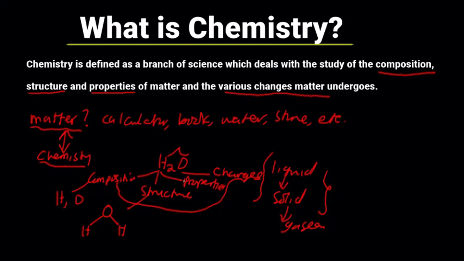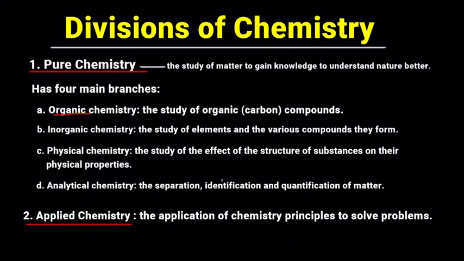So all these are changes that water undergoes. And so when we are studying the composition, the structure, properties, and changes that matter undergoes, then we are talking about chemistry. Now, there are 2 main divisions of chemistry.